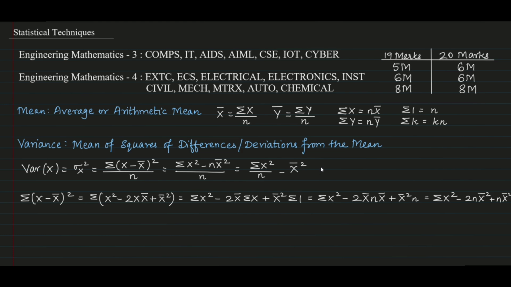This is how we also say that variance is nothing but expectation of x squared minus expectation of x the whole square. Expectation simply means mean. So here we take the mean of x squared, and also x bar denotes mean of x. So mean of x the whole square.